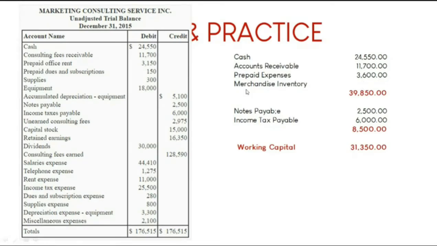I already totaled them. That's 3,150 plus 150 plus 300. So 39,850 for our current assets. For our current liabilities, we have 2,500 for the notes payable and income tax payable of 6,000. So 39,850 minus our current liabilities, which is 8,500, we have 31,350.